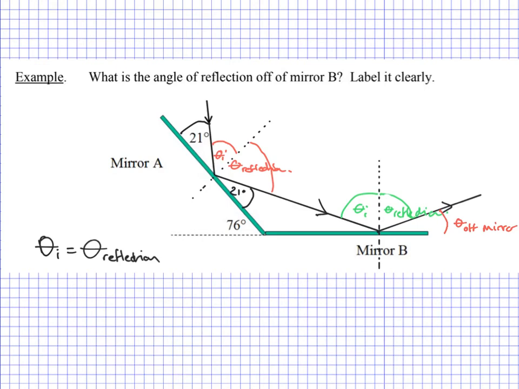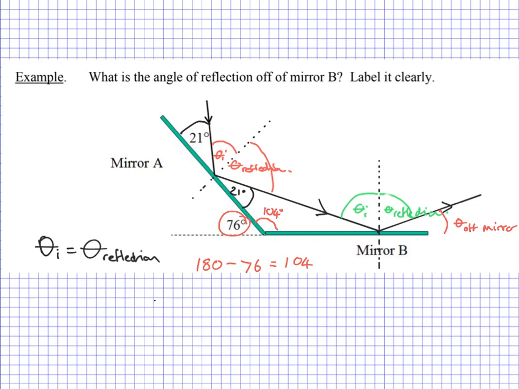180, assuming that we're in Euclidean geometry here, which of course we are, because it's a flat sheet. This angle here is 76, so I can say that 180 minus 76 is going to be this angle in here. Of course, that's going to be 104, so I can label that. This one's 104. So let's keep track of this.